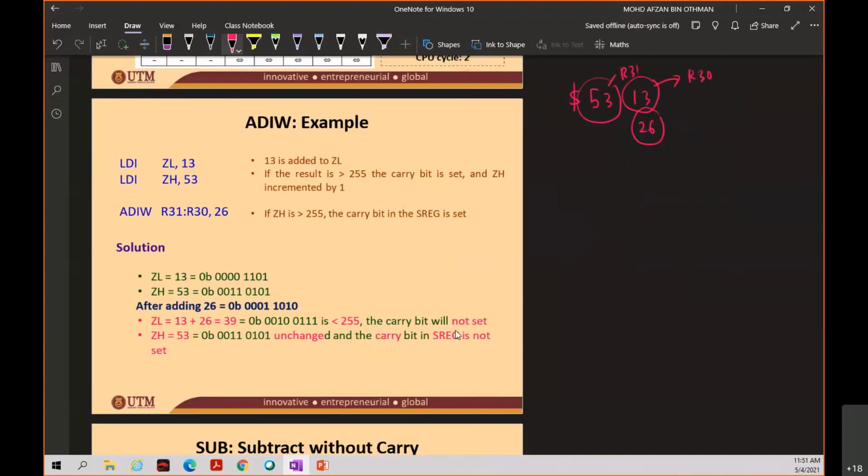Once you have loaded the value into ZL and ZH, you can use the ADIW instruction to add 26.